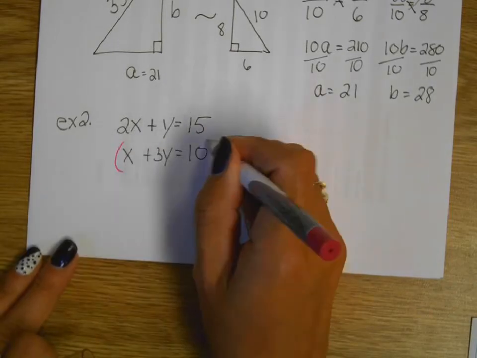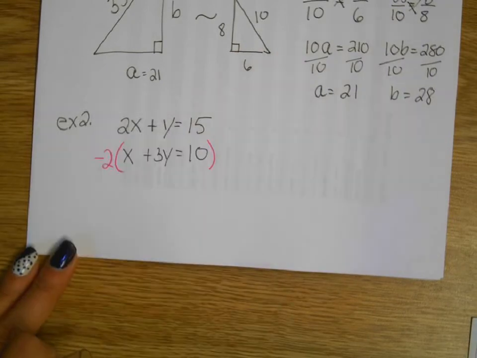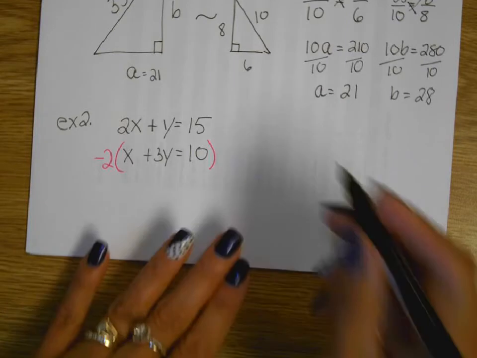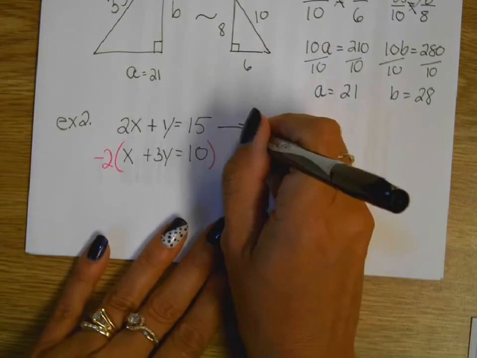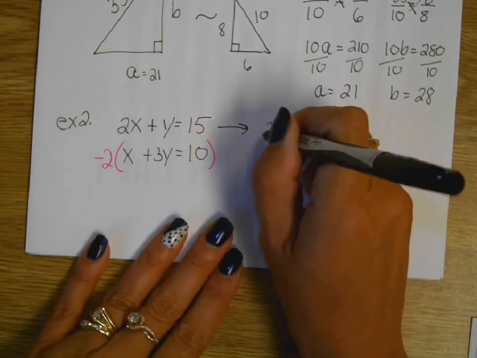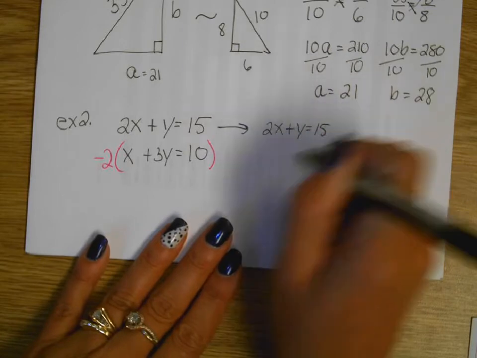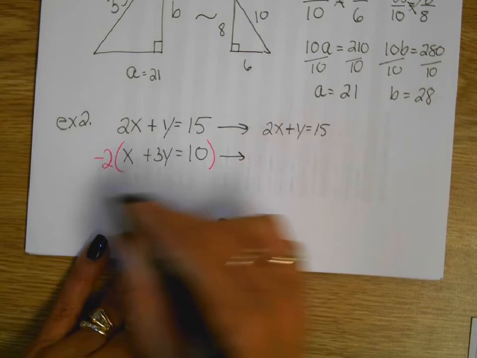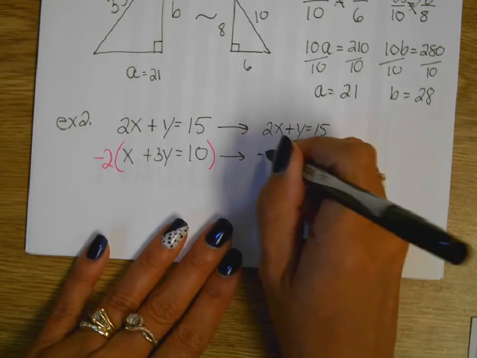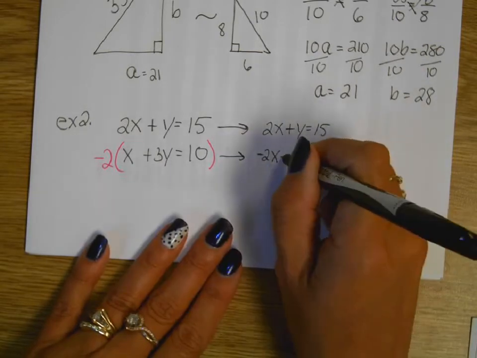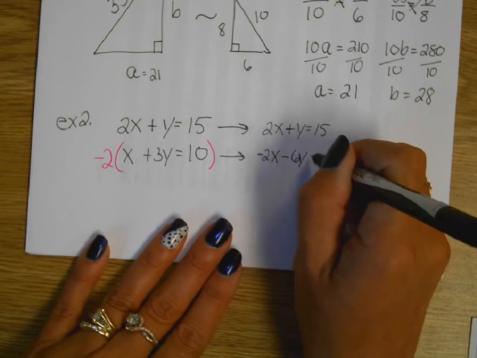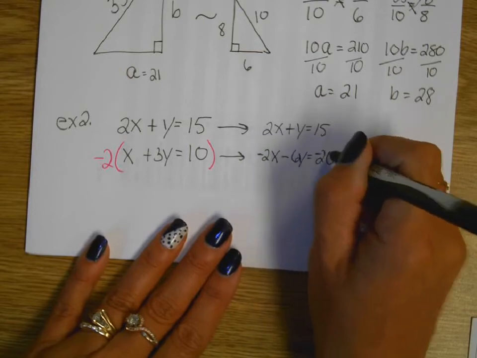So if we take this second equation and multiply it by -2, I'm going to keep the first equation as it is. Not going to change a thing there. The second equation, I'm going to distribute in that negative 2. Minus 6y minus 20.